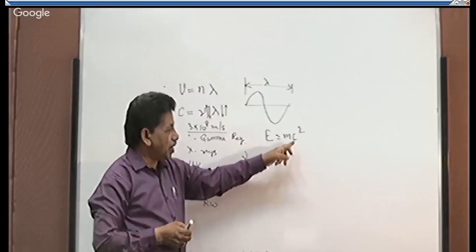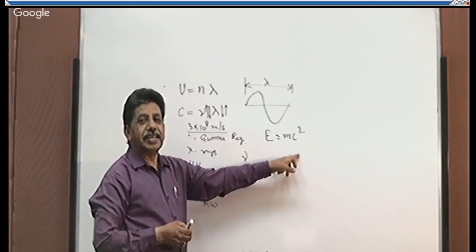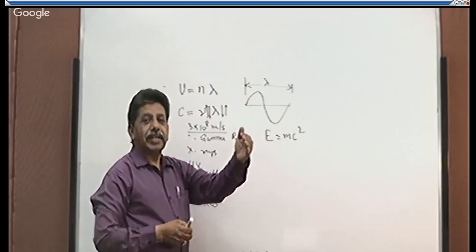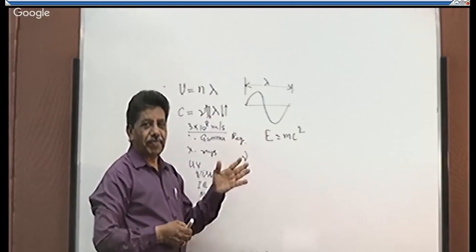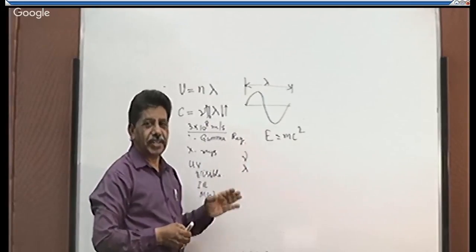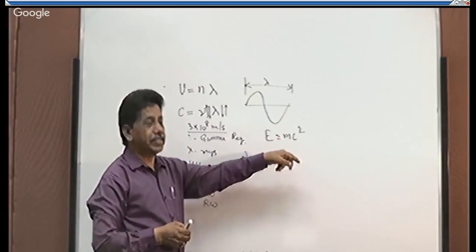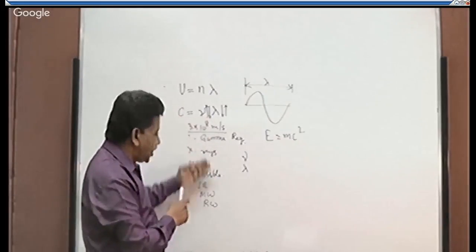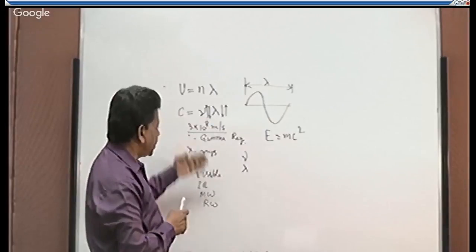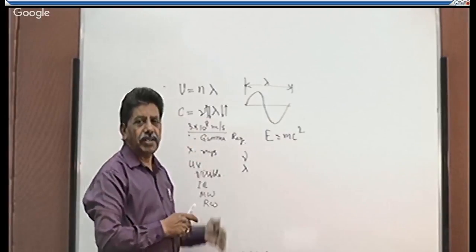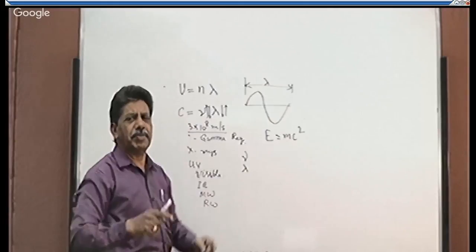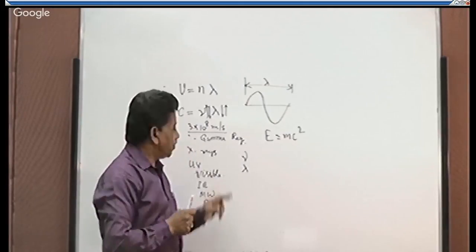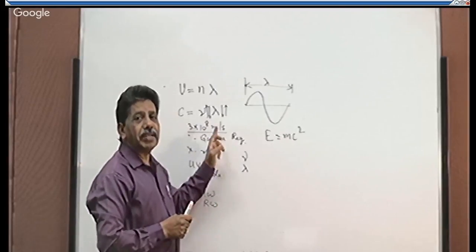Many of us may not know why this C is written instead of V. It is only from the Latin term celeritas, which is nothing but tremendous velocity, and the first letter of celeritas is taken as C. So C is the velocity of all radiations, whether it is gamma or ultraviolet or visible or radio waves or whatever may be the radiation, all radiation travels with the same velocity, which is 3 into 10 to the power 8 meter per second.